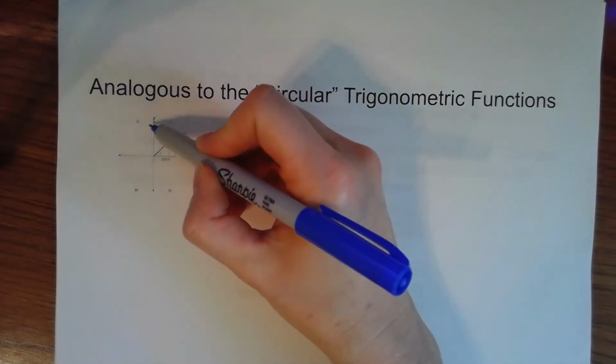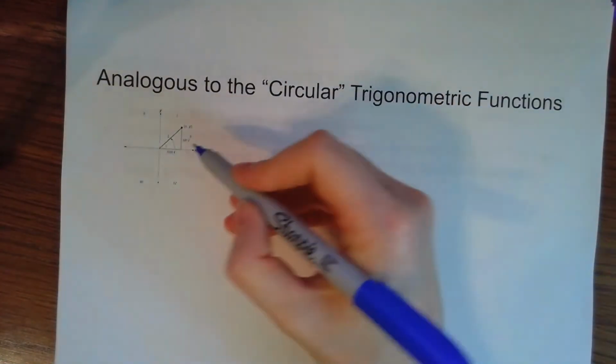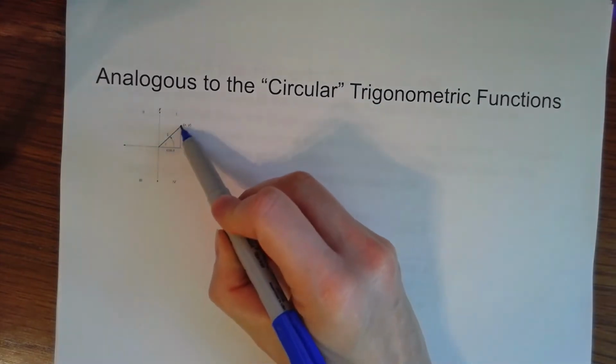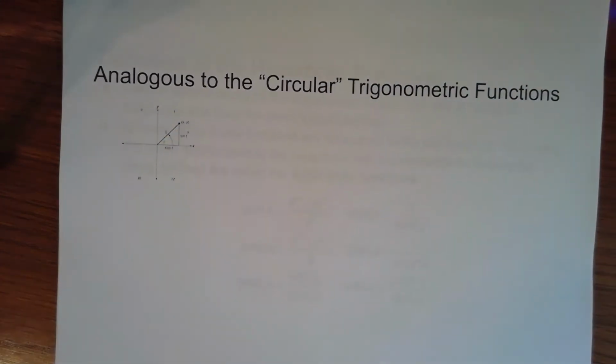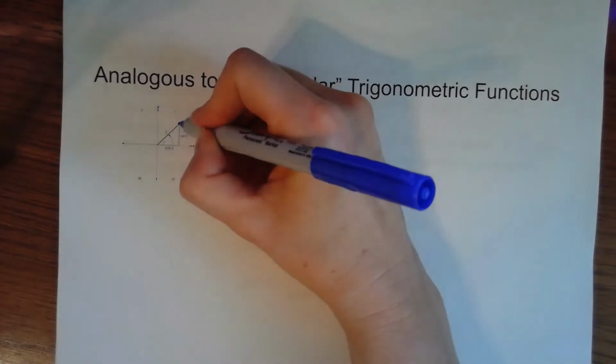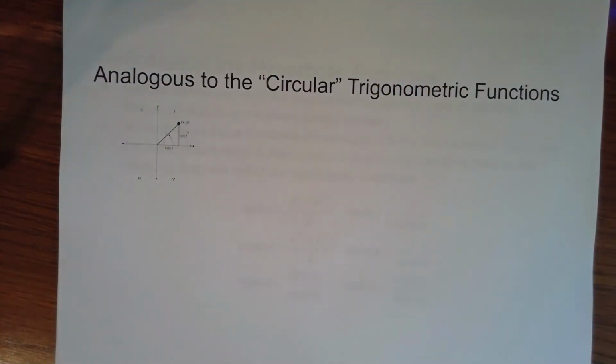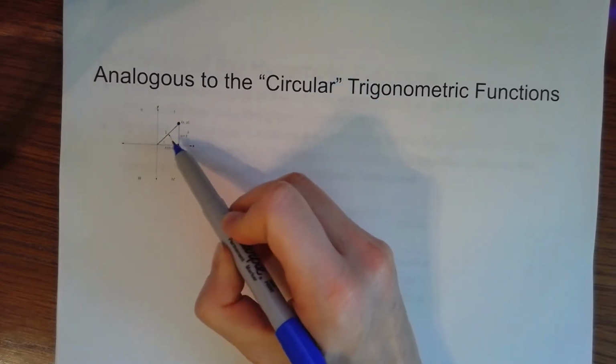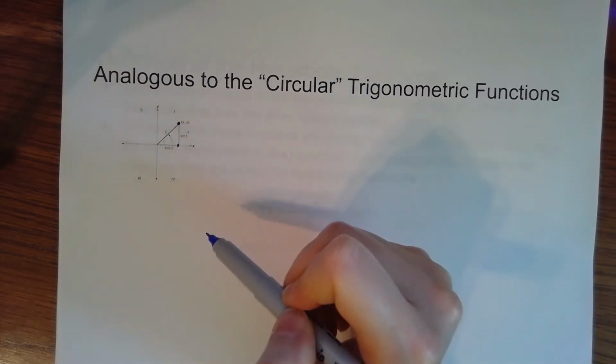If I have the unit circle here, that's the circle with radius 1, I see that radius of 1 right here in this triangle. I can pick any point on the circle, and the x-coordinate of that point will be the distance from the origin to the x-coordinate.